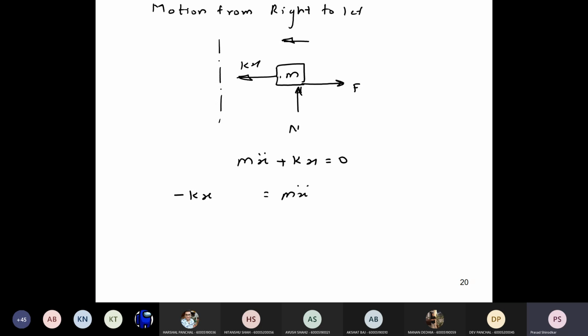Now the friction is opposite to the spring force. If this is taken as minus k, then I will take this as plus. I am just taking the opposite of them. So I can rearrange this term and write it as mx double dot plus kx minus f is equal to 0. Is everybody comfortable with the way I am writing the equation? Any questions?